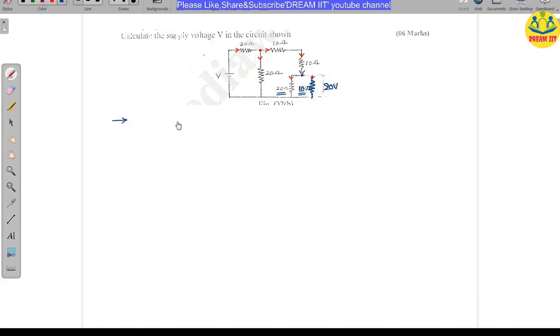So first I will reduce this entire one. I will make this one box. First I will reduce this box, then we will see. The first box I am writing as R1.